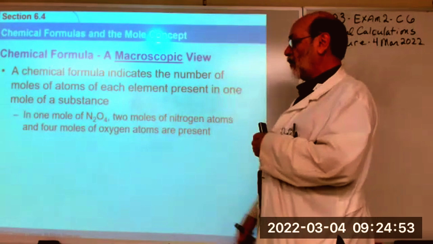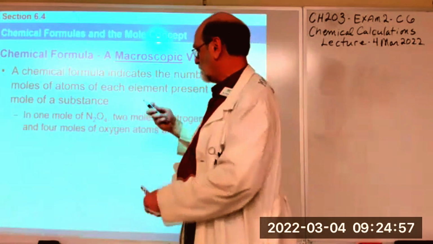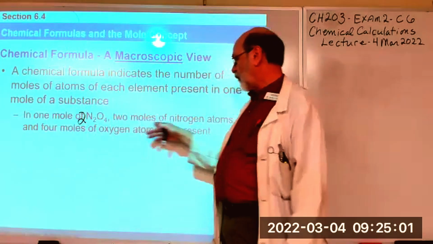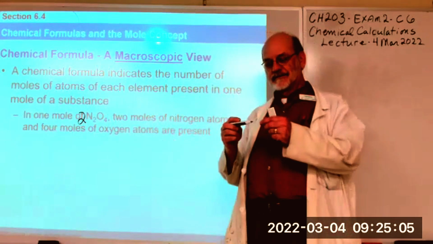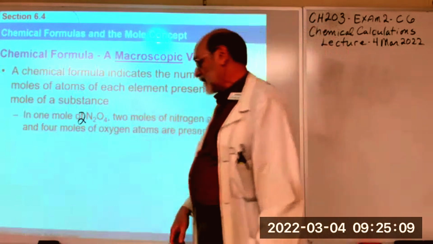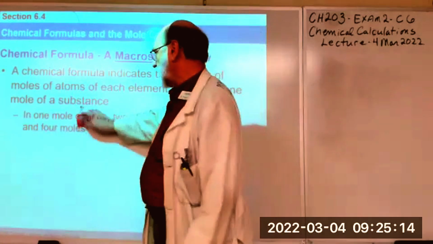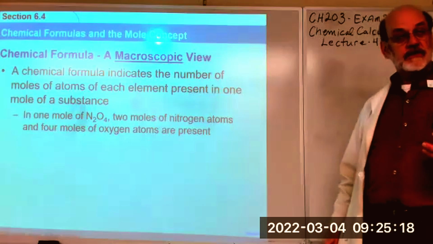If we had 2 moles of this, right? If we had 2 moles, we would have 4 moles of nitrogen and 8 moles of oxygen. Okay? That's important to recognize when we start using balanced equations, because we do have coefficients.